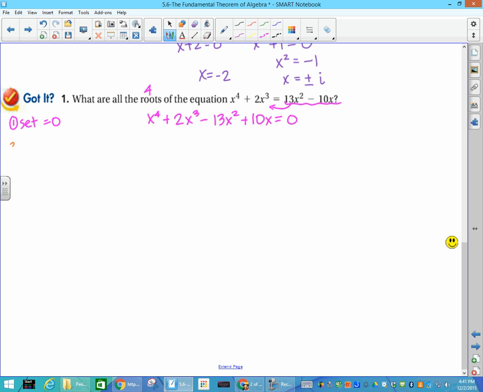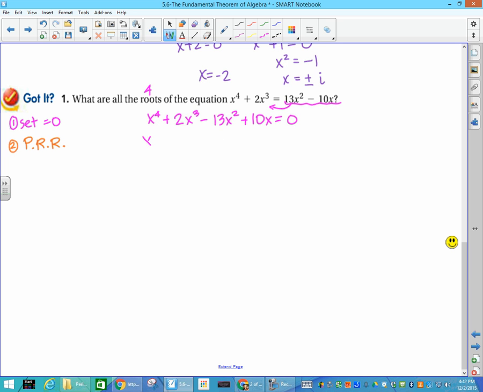Now I'm going to find the possible rational roots. Okay, there's a common factor already, and I should have figured that out, because there's no constant term. If there's no constant term, that means there's a common x in everything.